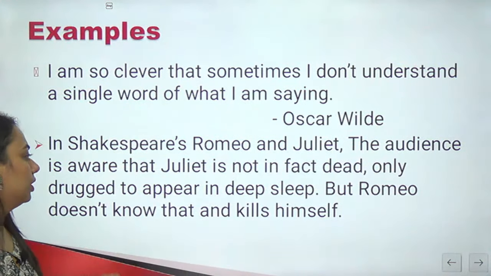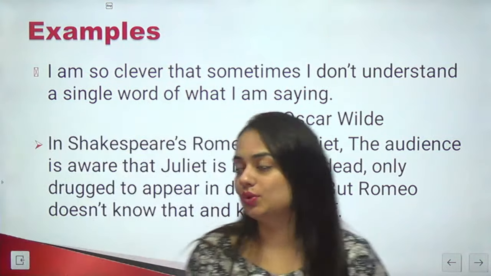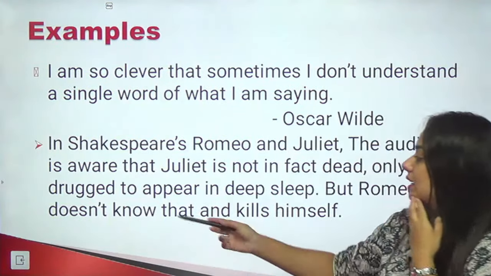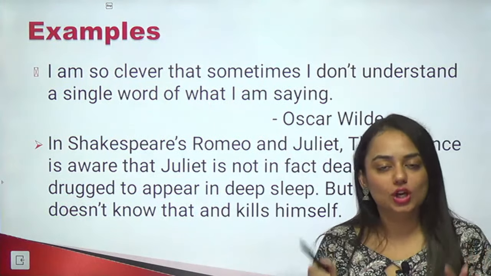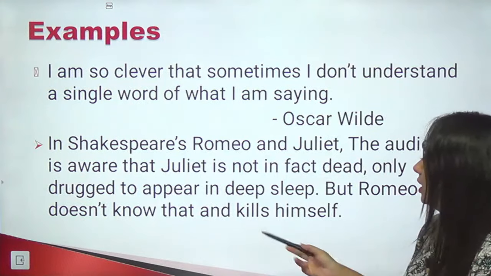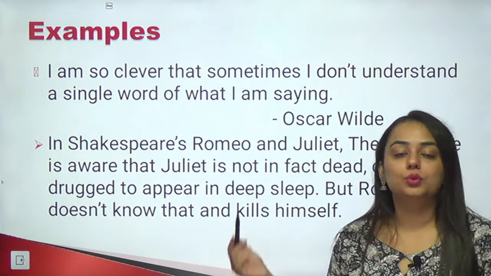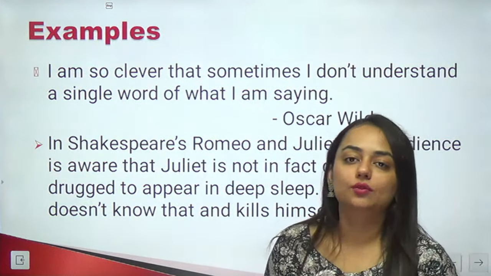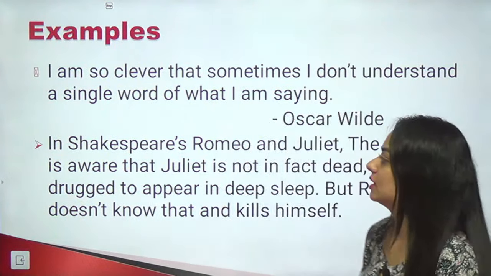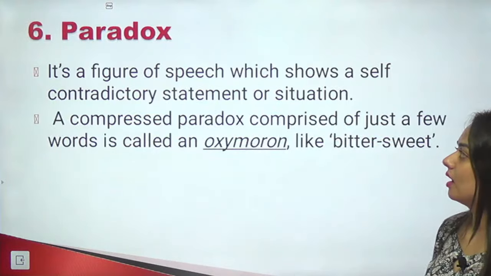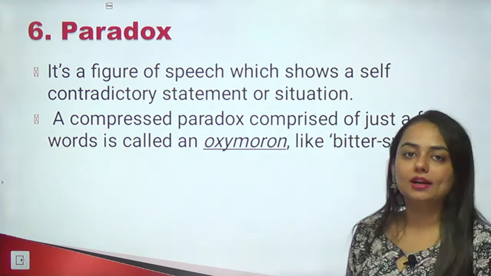But Romeo, being the naive one, the innocent one who doesn't know the reality, doesn't know the fact that she was indeed not dead, she was just drugged, she was just numb. And he kills himself. And what were the repercussions of this? When Juliet woke up, she again killed herself with the same poison. So this is irony.